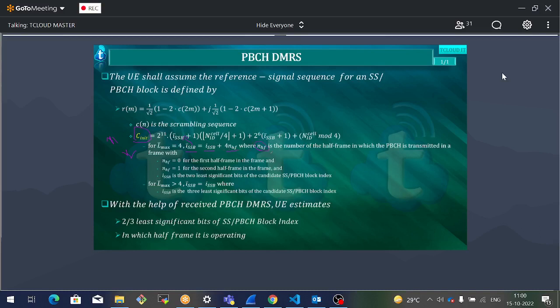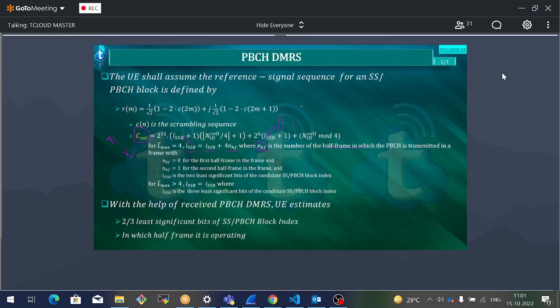Here, this NHF is the number of the half frame in which the PBCH is getting transmitted. Basically, your SSB block is getting transmitted in the first half of the radio frame or the second half of the radio frame, and where it is placed will tell this NHF value. If you are transmitting the SSB in the first half, you will put 0.